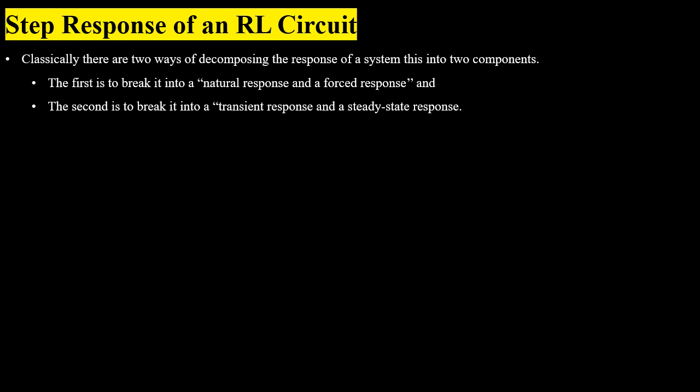So far we have studied complete response or total response of RC circuit, and for analysis purpose this total response is divided into further two categories. In first division, the total response is divided into natural response and forced response, where in second division the total response is divided into transient response and steady state response.